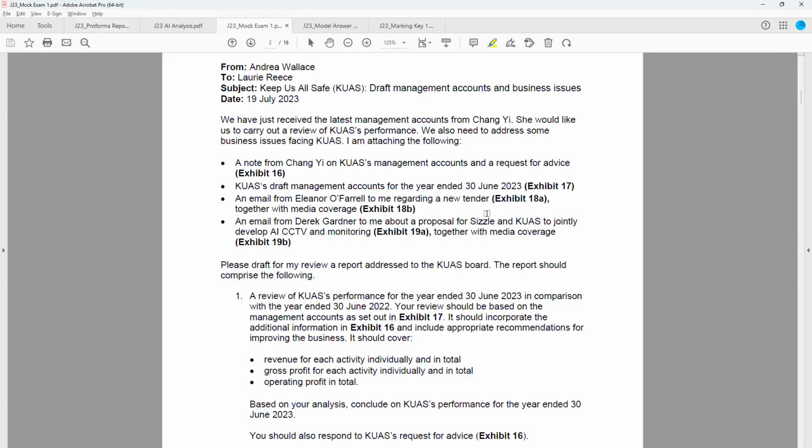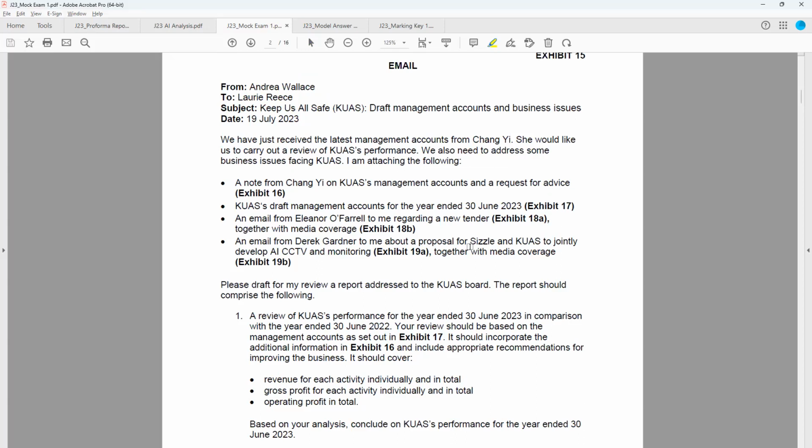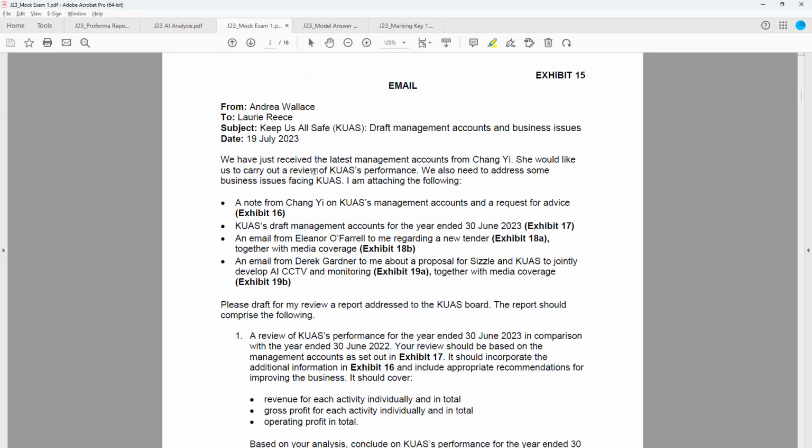So we'll start by looking at requirement 1. We would receive the email from the partner of our firm, and we'll be told that we have just received the latest management accounts. We need to carry out a review of KUAS's performance. We also need to address some business issues facing KUAS.